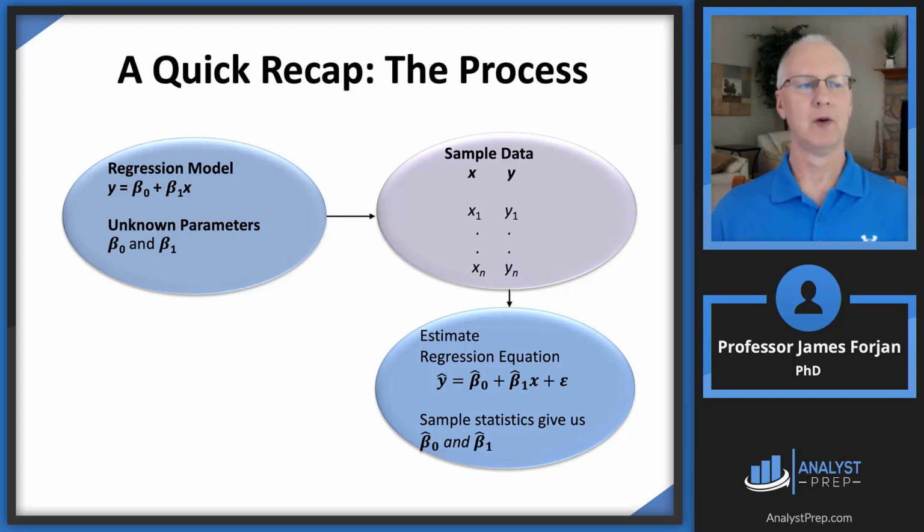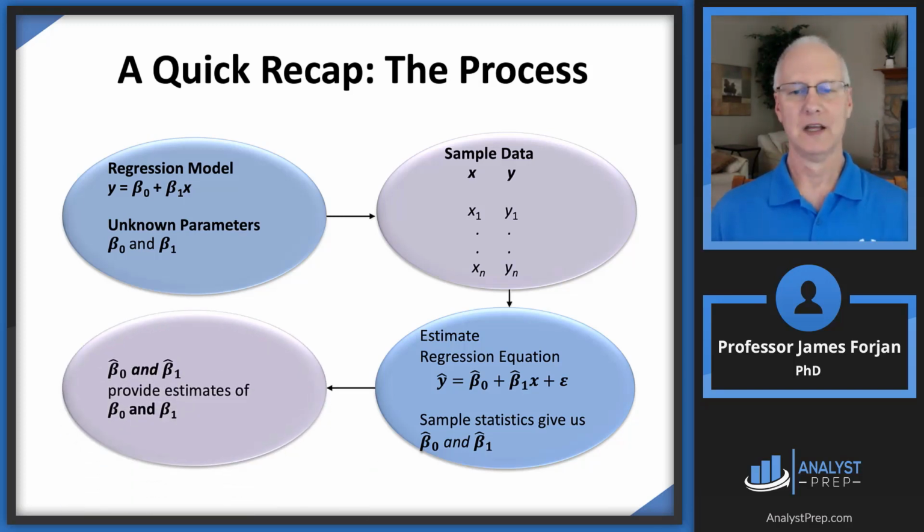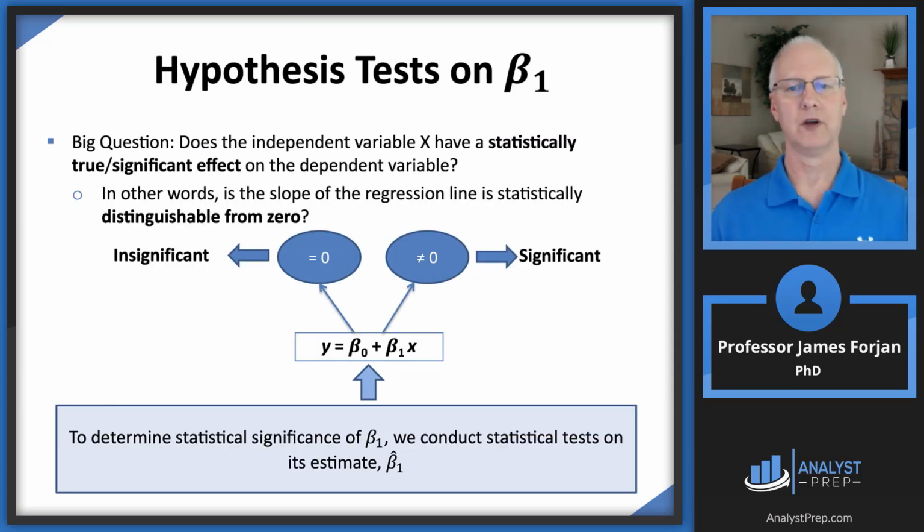And by the way, when I was in graduate school, I always thought it was really silly when my econometrics professor used to say the words beta hat. It just didn't sound like very graduate school kind of language, with a hat. But clearly you can see on top of it, it's a hat. I don't know what else you could call it. And then finally, we're going to use those estimated parameters to provide us estimates of the true parts of the model.